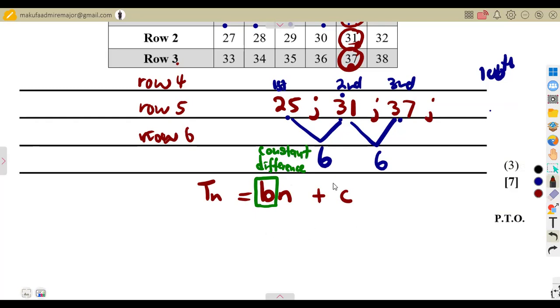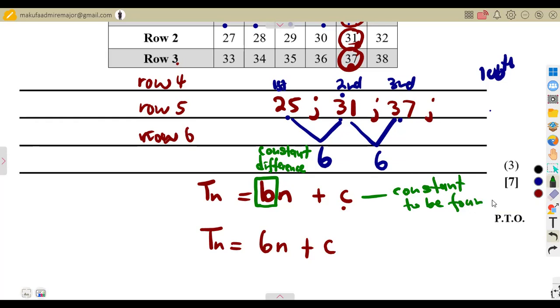So the constant difference is 6. So Tn is equal to 6n plus c, where c is the constant to be found.